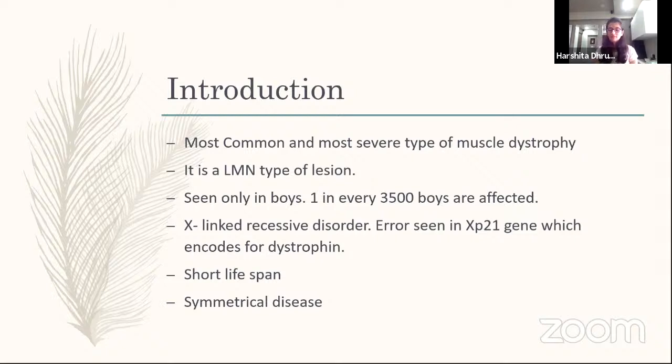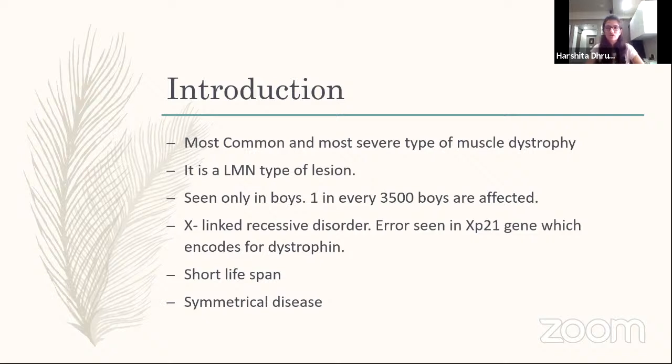So the family history matters the most while diagnosing DMD. If there is a history of a maternal uncle or a maternal cousin who is suffering from such a condition, then it's a very strong indication to think about DMD while investigating. DMD is a lower motor neuron type of lesion, and it affects the muscles.